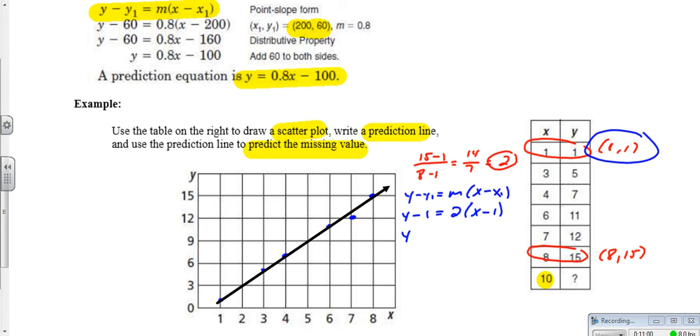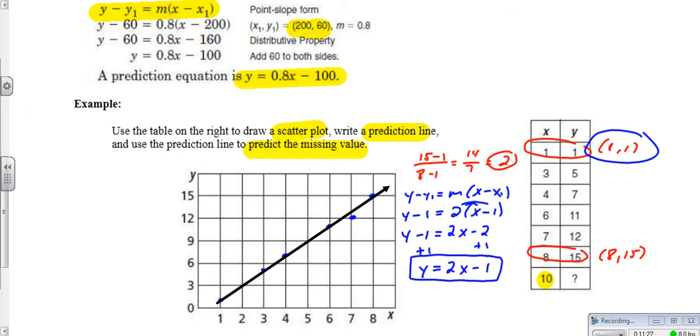So we have y minus 1 equals, I'm going to distribute this and get 2x minus 2, add 1 to both sides, and y equals 2x minus 1. Now this is our line of best fit, approximate line of best fit. We didn't do this the official way, which we'll need a calculator to do because it's quite a bit of calculation. But approximately this works.